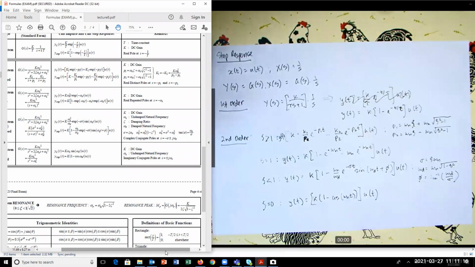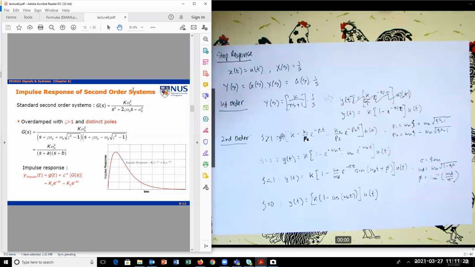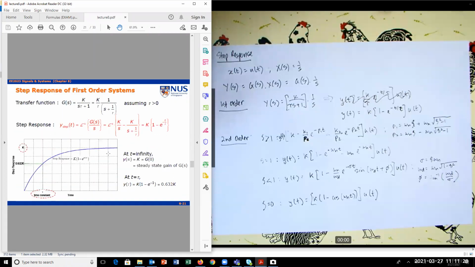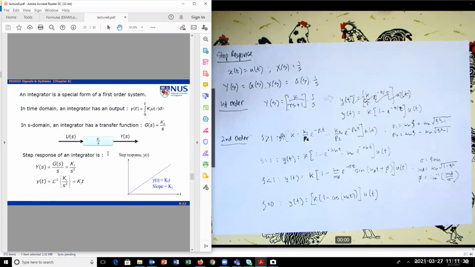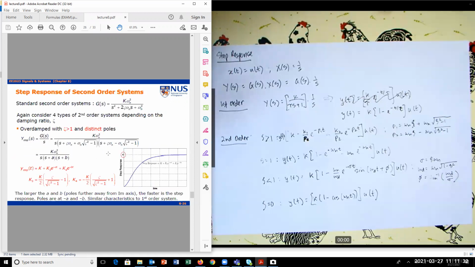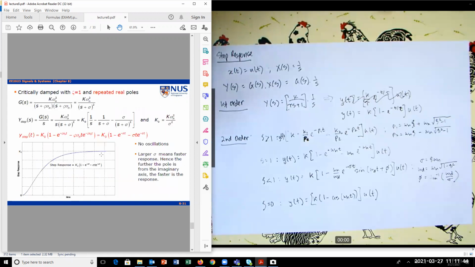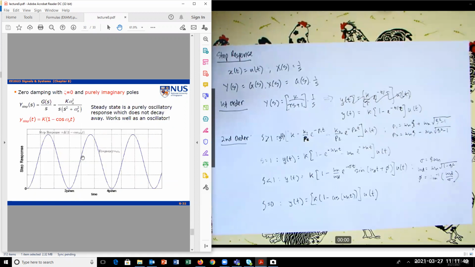All right, those are your 4 cases. And again, we showed you the diagrams, as you can see inside your lecture notes here. This is the first order, given a step input. This is second order with zeta greater than 1, as you can see here. This is the underdamped, this is the critically damped, and this is the no damping.